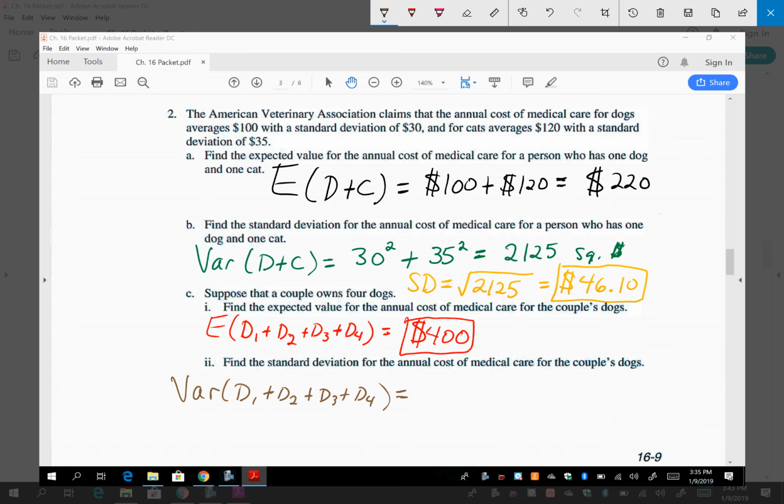What's the variance for 1 dog? 30 squared is right. Plus 30 squared plus 30 squared. Now I know that 30 squared is 900. So 900 plus 900 plus 900 plus 900.